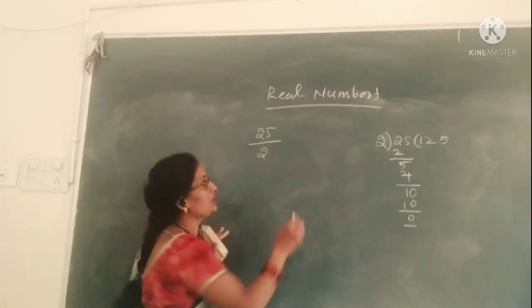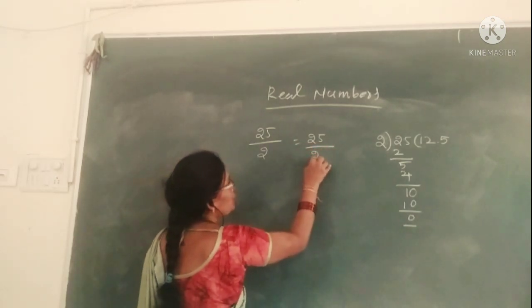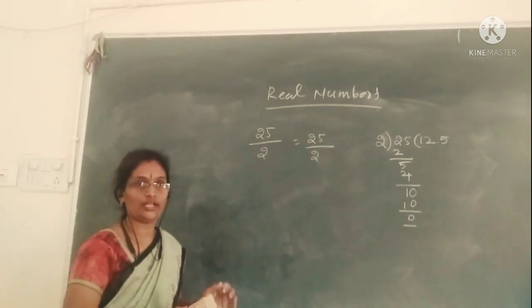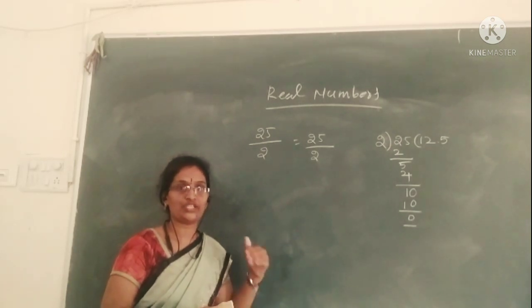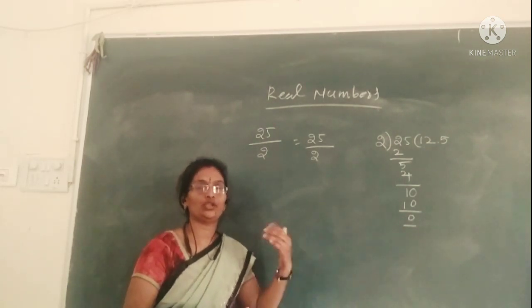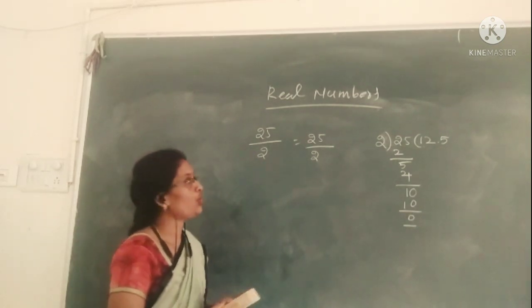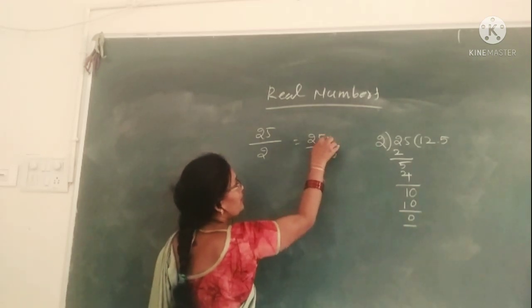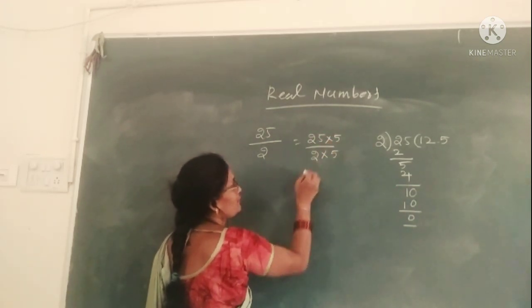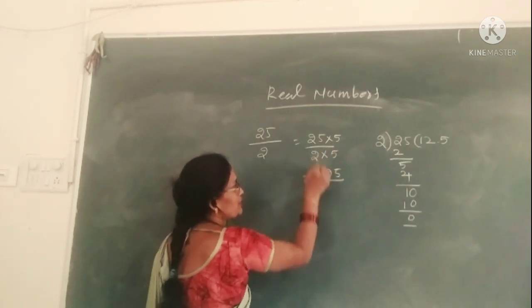Then we use the theorem. For 25 by 2, we can change the denominator into 10, 100, 1000, and then we can easily put the point. So we multiply both numerator and denominator by 5. 25 fives are 125, and 5 twos are 10.